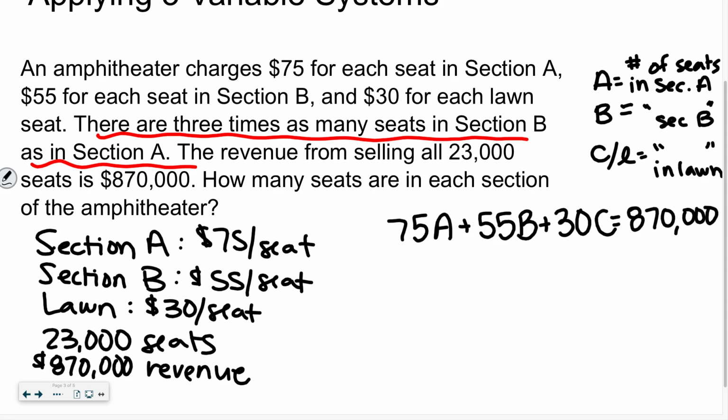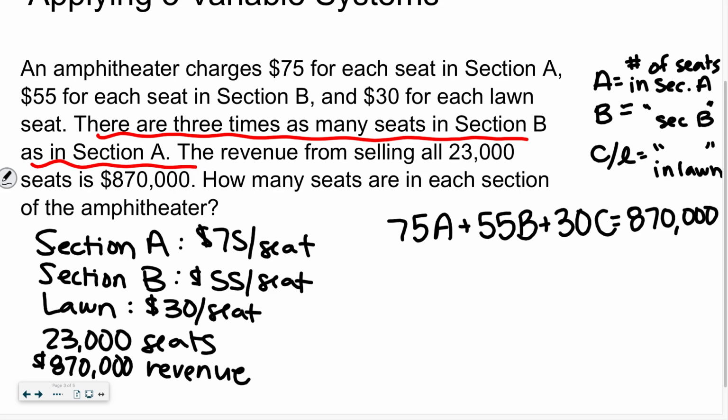But if I sell two seats in section A, I make twice that, so $150. If I sell 100 seats in section A, then I'm going to have $7,500. And that'd be good. And then 870,000 is the revenue that I'm bringing in. So for all the prices of the tickets, that's going to be my total. And I know that it's equal to that.